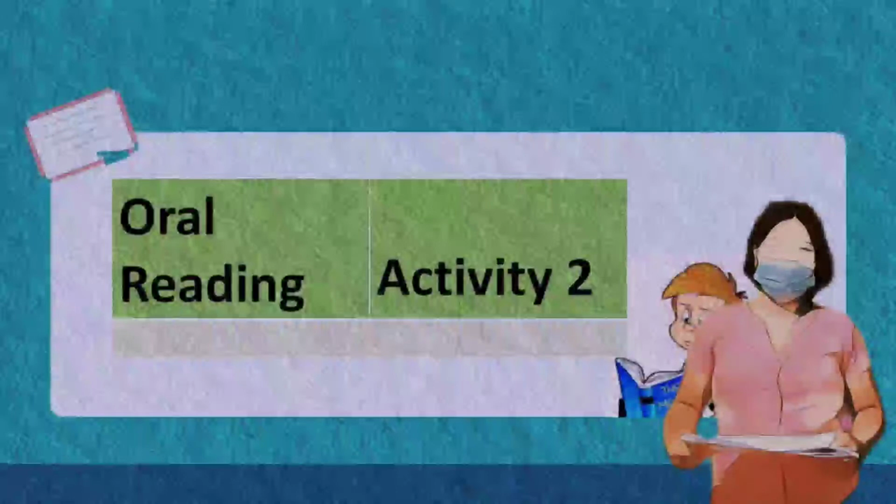Well, I know some of you still have a difficult time understanding the message that each phrase conveys. So this time, to understand and learn more, I will give you another oral reading, and this will be your Activity 2.